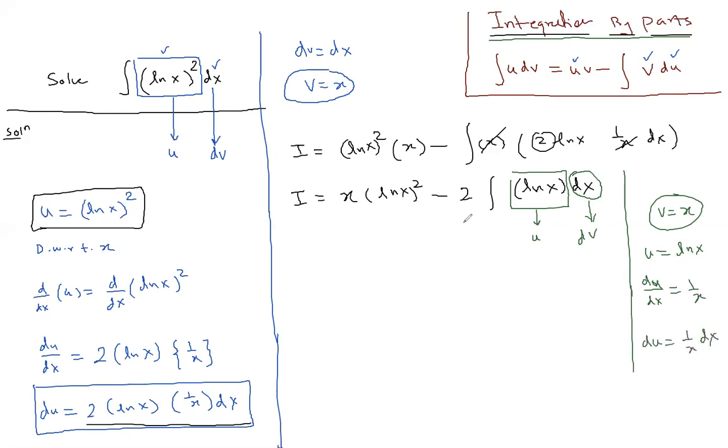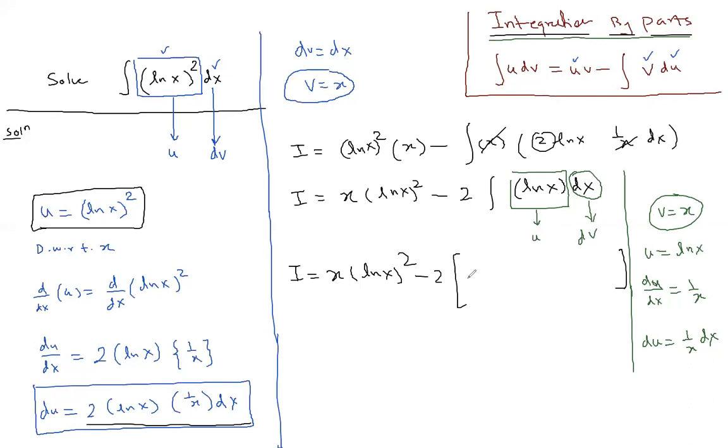Now, with all these values, I'm going to use this formula again. The right-hand side of the formula is this, and I write down the final answer. So you'll get I is equal to x (ln x)² staying as it is, minus 2 times the integral, using the formula: u times v.